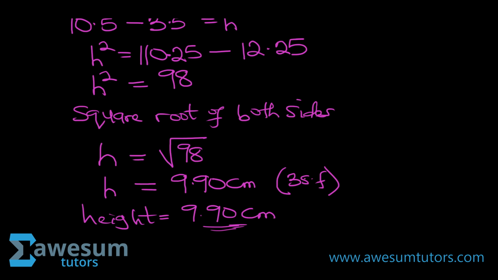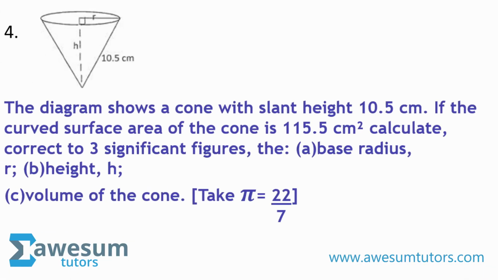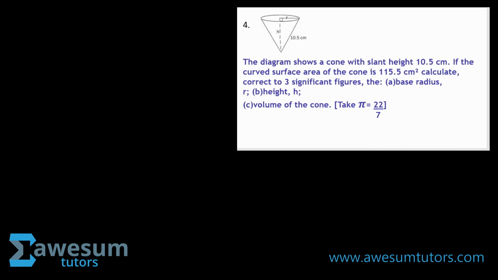Now the next question says to calculate the volume of the cone. The next thing you need to realize here is, what is the formula in calculating the volume of the cone?